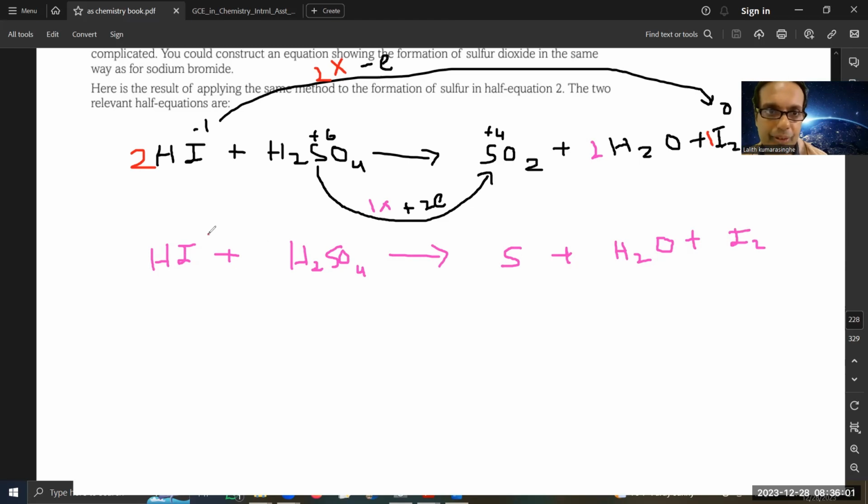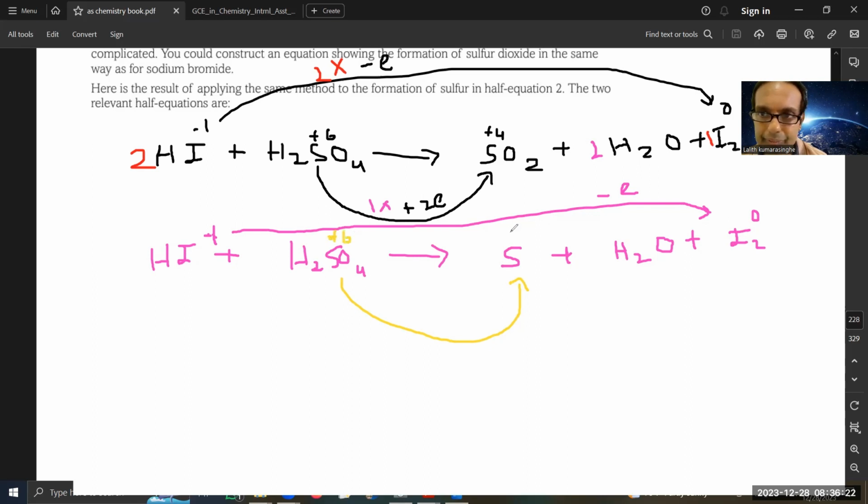Again, same story: it will oxidize from -1 to 0, losing one electron. Then sulfur will go from +6 to 0, so you have to add 6 electrons. The multiplication factor here should be 6, and this should be multiplied by 1.